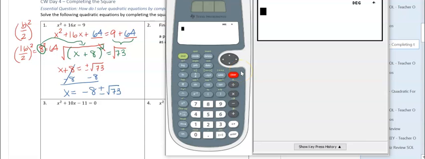Again, I can check my answer if I want to. In order to do that, I would plug in negative 8 plus the square root of 73 everywhere there's an x. So let's try it.